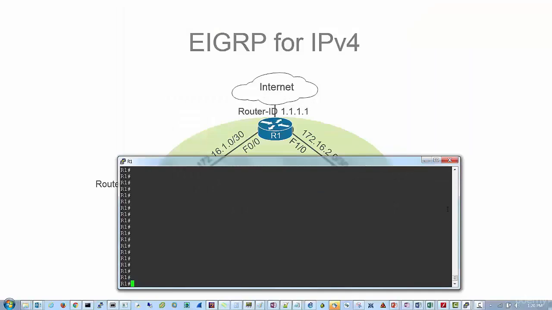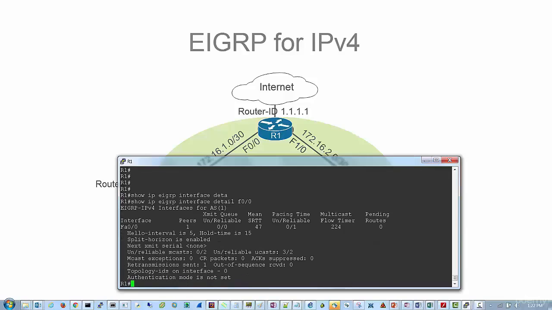Before we end the configure and verify section, there are a few more verification commands I'd like to show you. Earlier we used the show IP EIGRP interface command to see basic EIGRP interface information. We can also run show IP EIGRP interface detail and then the interface number to see information like if split horizon is enabled, as well as what our hello and hold time intervals are set to.